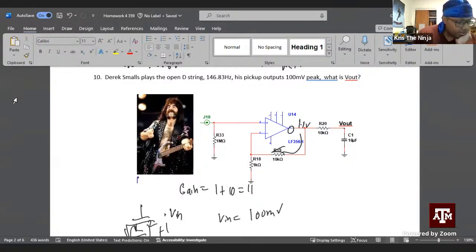Oh, I think I forgot to do the square of 330. Yeah, I forgot to square this. Squared plus 1, second square root. And then 1 over. You get 2.7 millivolts.